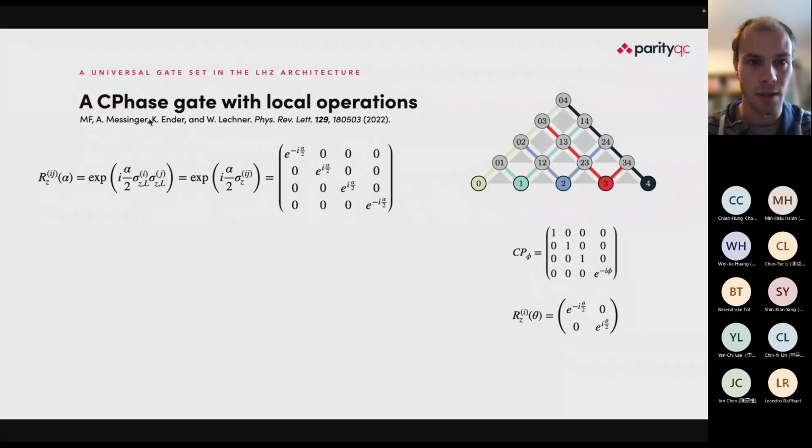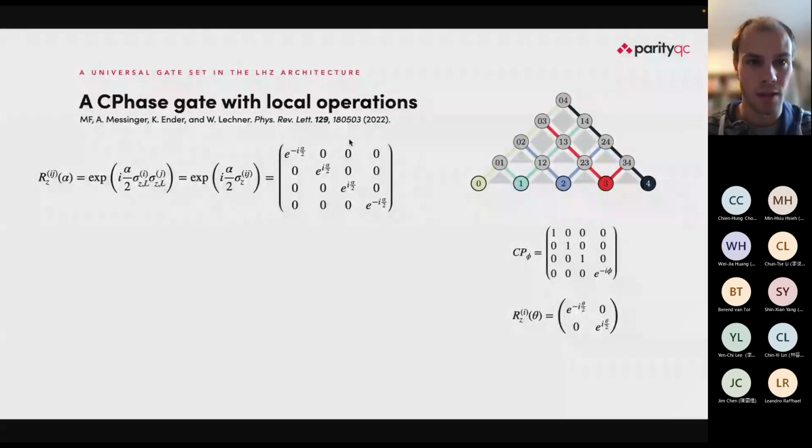So for example, the single qubit rotation on parity qubit ij basically corresponds to this exponential, and if I map to logical qubits, this corresponds to this exponential, because the parity qubit corresponds to the product of these logical operators.